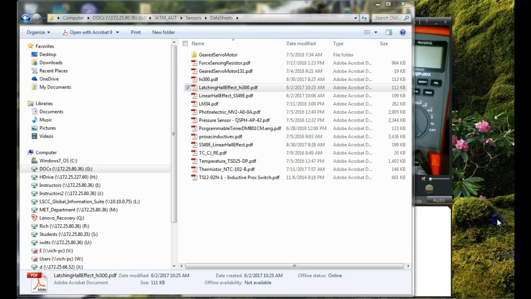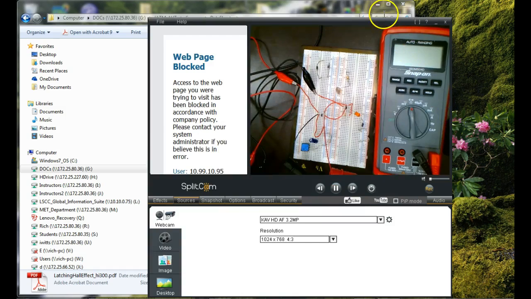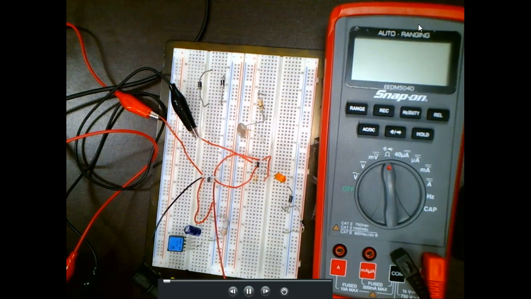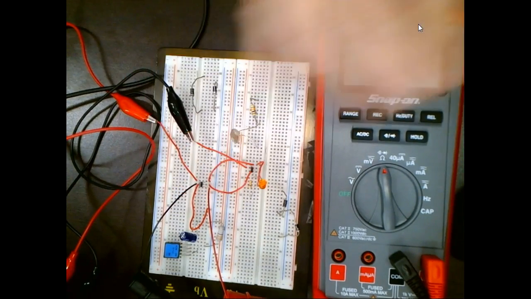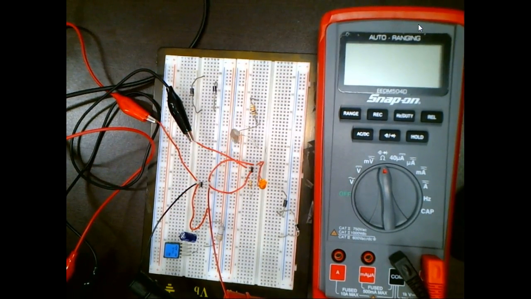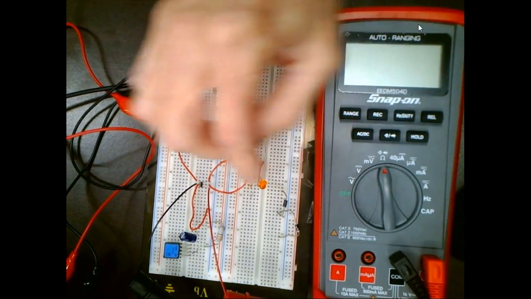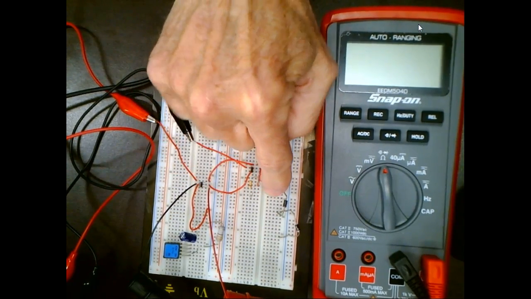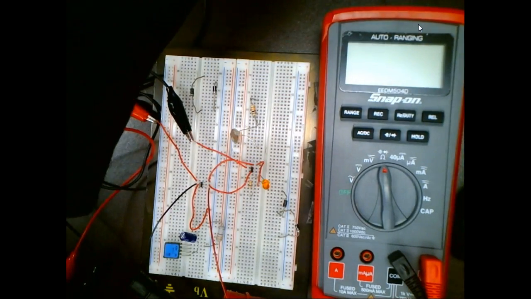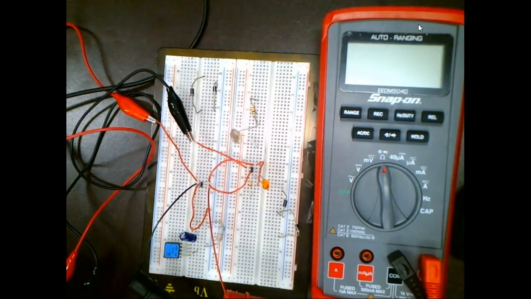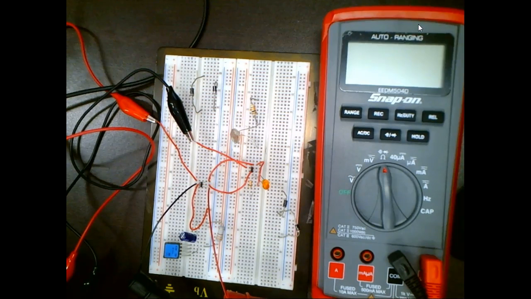So when we look at our camera, this guy right here, I've got a circuit connected up, and I've got this LED connected to my output signal, and then I've got a magnet. I've got power on, so I can tell which is north and south.